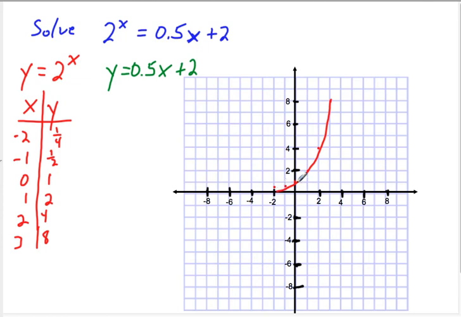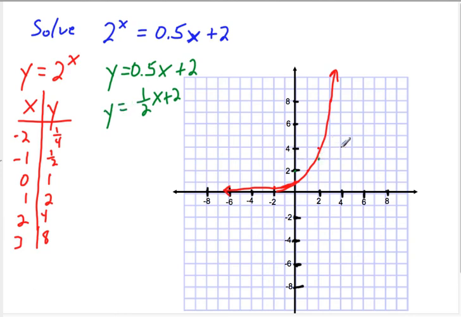Oops, I dipped too low there. There we go. All right, and then up here. Now let's graph the green one. That one should be a lot easier because it's in slope-intercept form. So we start at the 2. Then this is a 1/2, right? 1/2 x plus 2. So that's up 1, right 2.